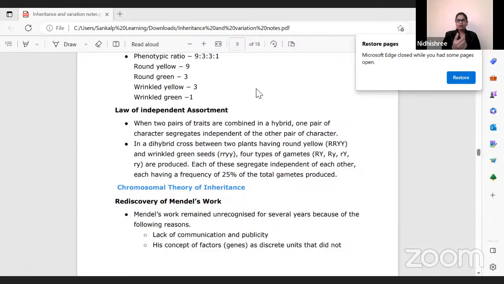Now Soundarya read the law of independent assortment; in the second point, with the help of dihybrid cross he gave a statement regarding the law of independent assortment. After the dihybrid cross he learned about independent assortment, that is segregation. So the law of independent assortment came from the dihybrid cross, and the law of dominance from the monohybrid cross. Now, rediscovery of Mendel's work.